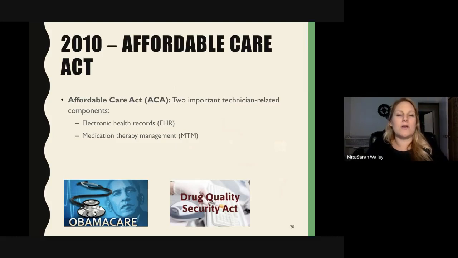Pretty much anything electronic now is just a concern, so there's that. But most places, not just the pharmacy, but most doctors' offices and things like that, are going to electronic health records because they're easier, but there are people out there that don't like it.